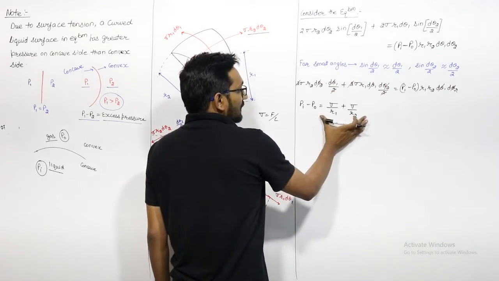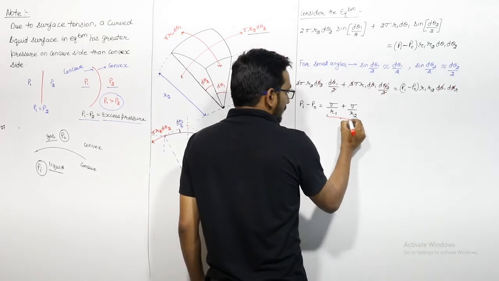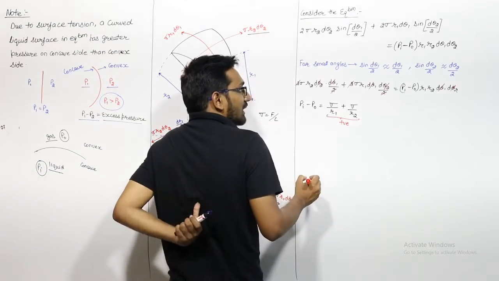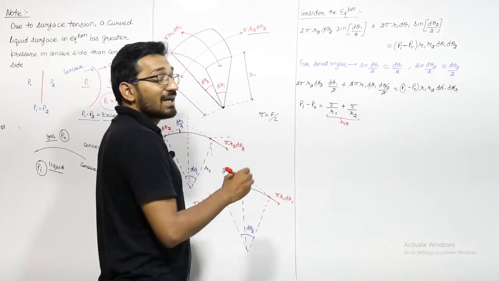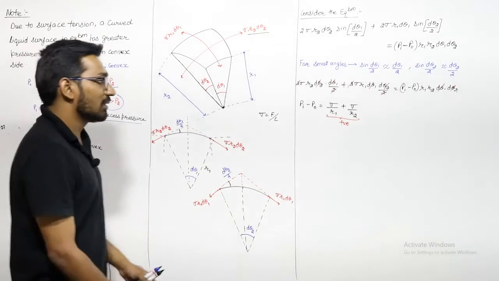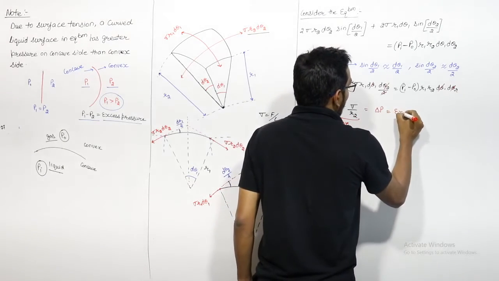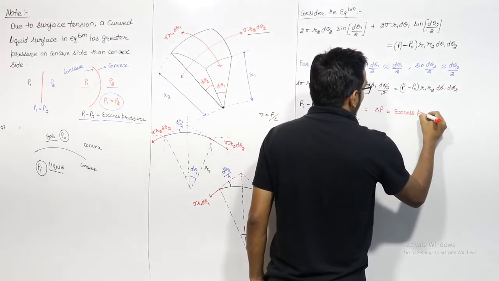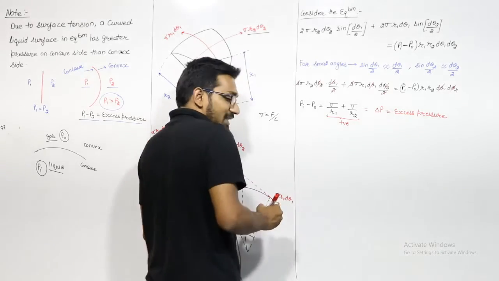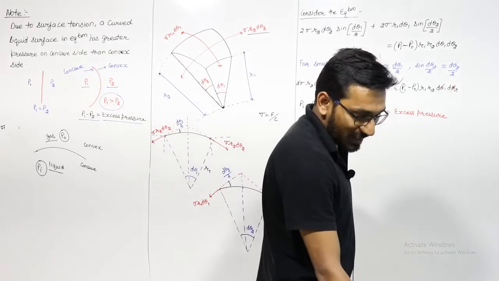You can see that this expression is positive, and if it is positive, then Pi is greater than P naught. Hence the pressure on the concave side is more than the convex side, and this is known as excess pressure, delta P. So the excess pressure will be equal to sigma upon R1 plus sigma upon R2.